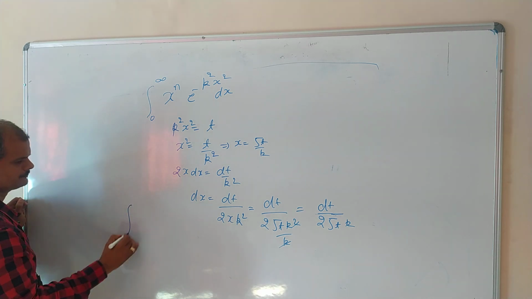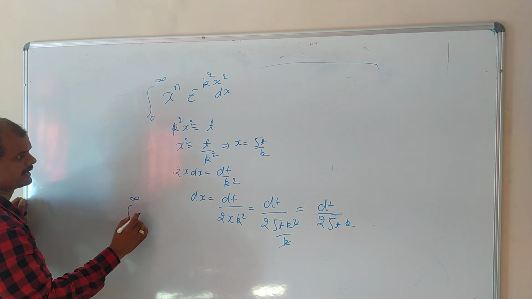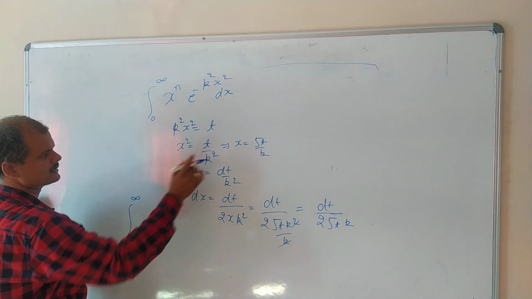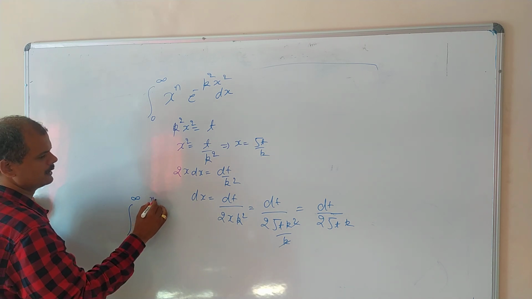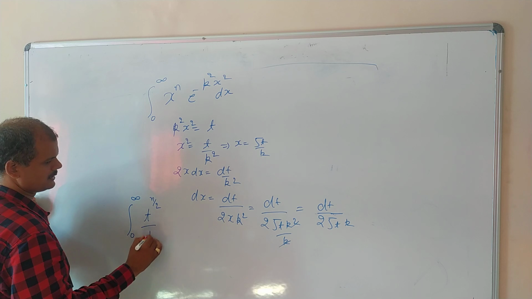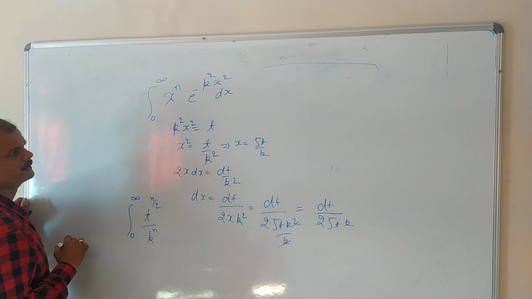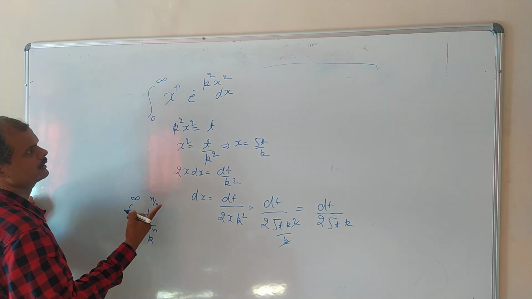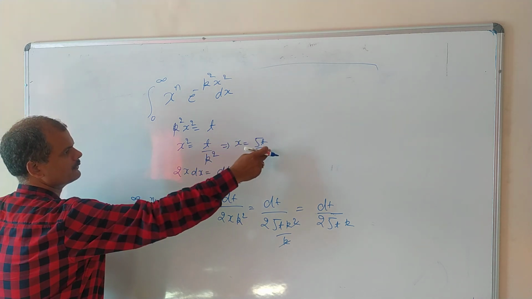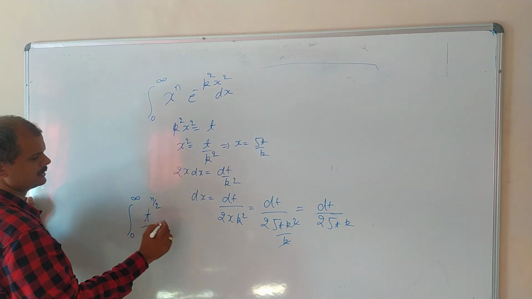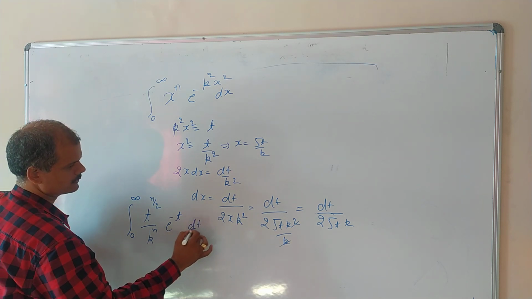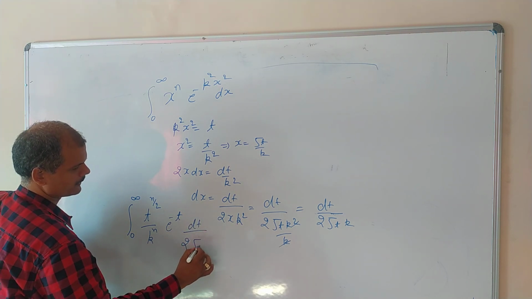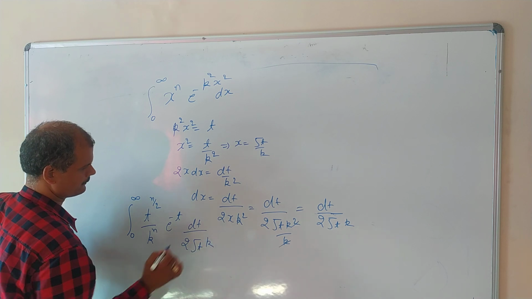So your limit will be 0 to infinity x power n. So x equal to t power half by k, so x power n is t power n by 2 by k power n. And e power minus t, and dx equal to dt by 2 root t k.